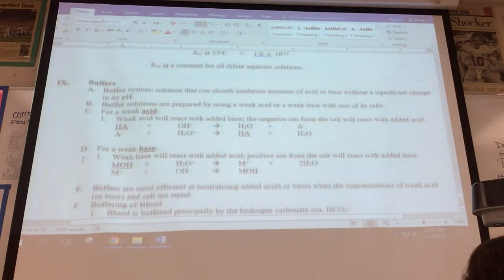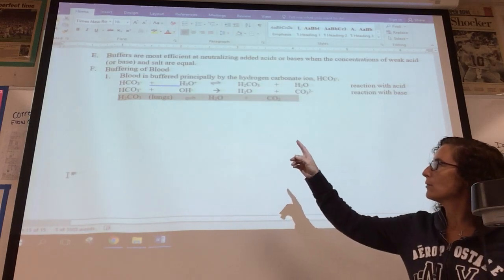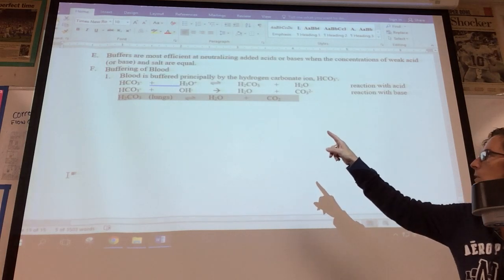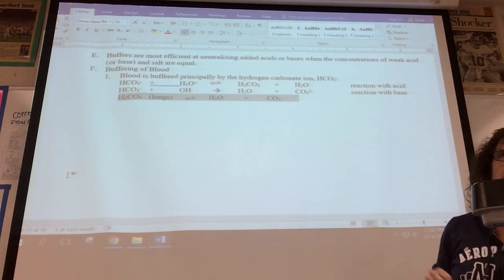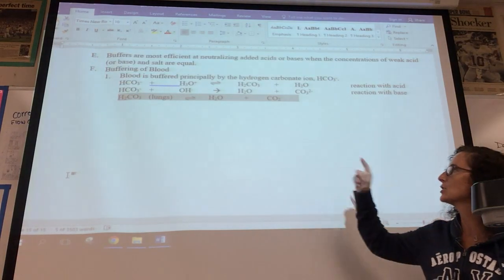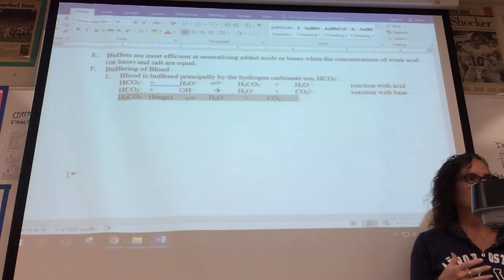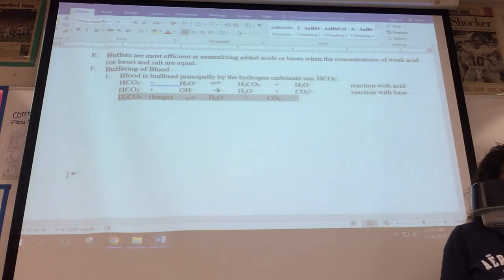And the last piece of information I want to leave you with is this reversible reaction right here. You have carbonic acid, equilibrium reaction with water and CO2. Looking at that equilibrium reaction here, if you are really, really uptight and you are hyperventilating, what do they tell you to do?